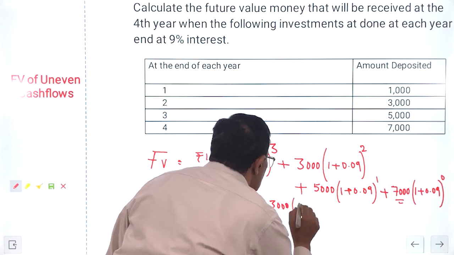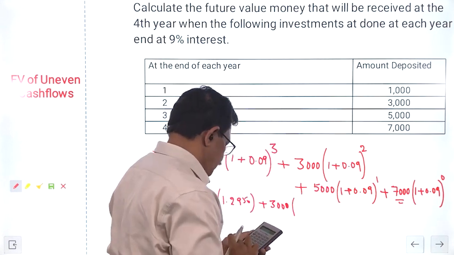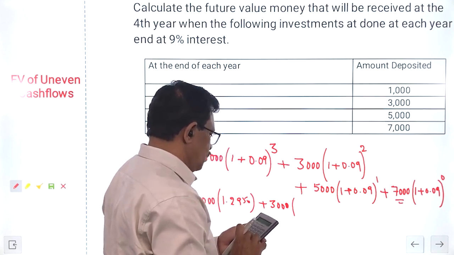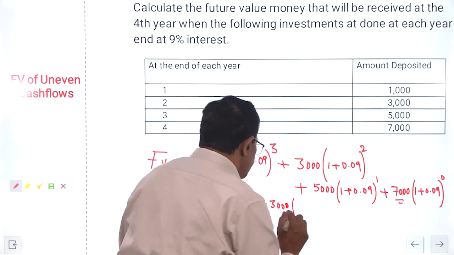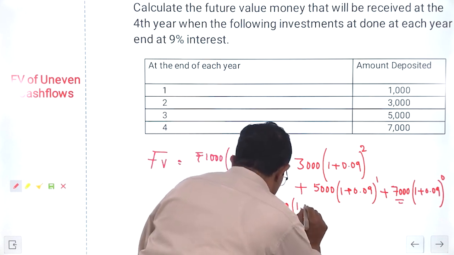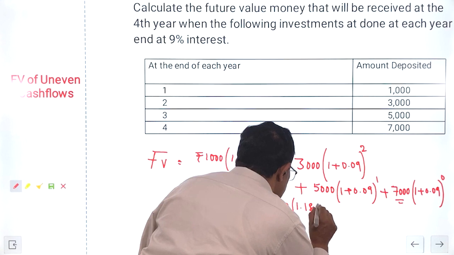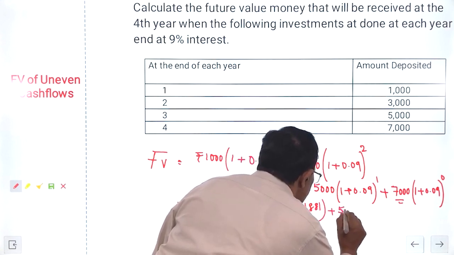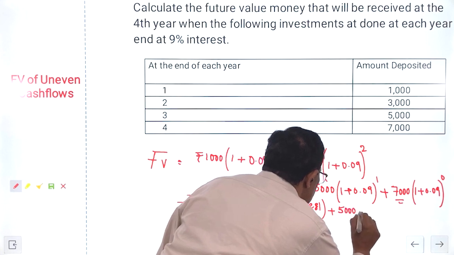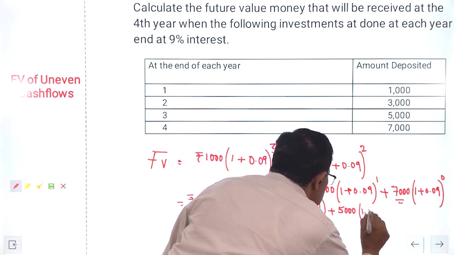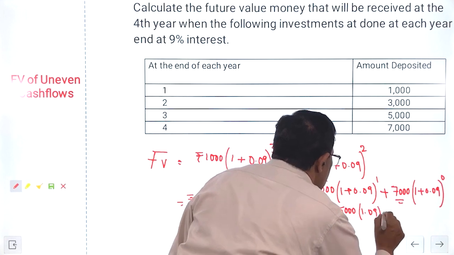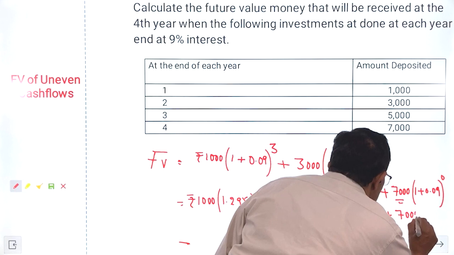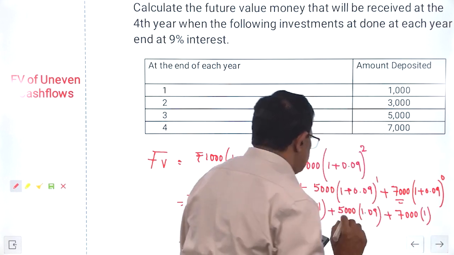Then it is 3,000 into 1.09 whole to the power of 2, which is 1.1881, plus we have 5,000 into 1.09, and 7,000 into 1.